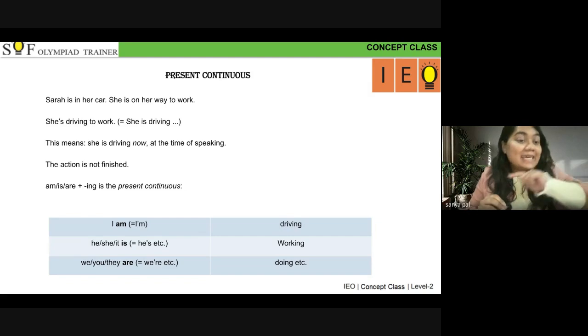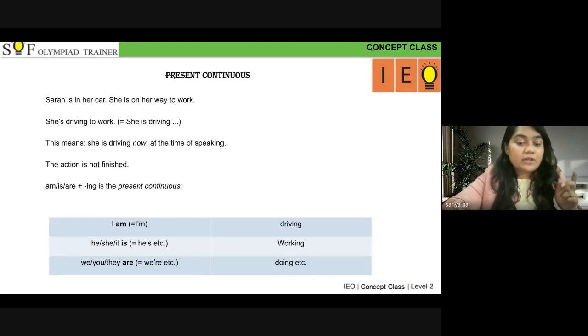She is eating. They are running. Okay. So what am I doing here? I am using the auxiliary verb is, am or are along with first form of the verb ending in ing. Got it? That is the structure.